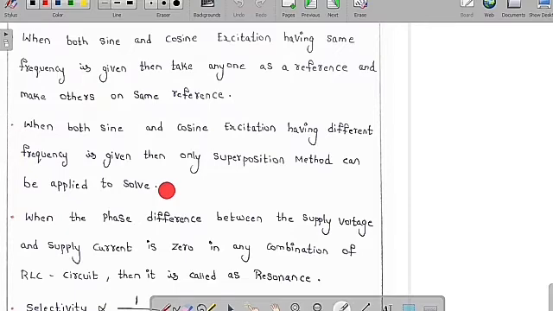The superposition method is finding the response in any branch by taking only one source at a time. So if you want to know the response due to many sources acting simultaneously, it is equal to the algebraic sum of the responses of each and every source acting alone. That is called superposition. So these types of questions with different frequency sources can be solved only by superposition.